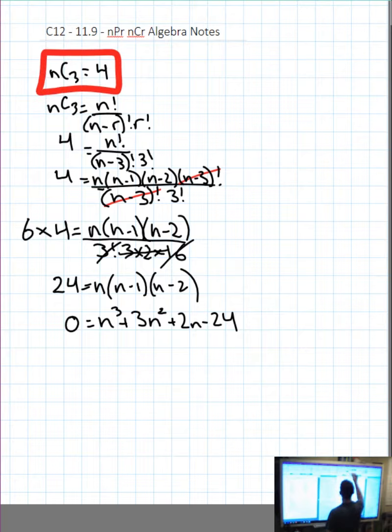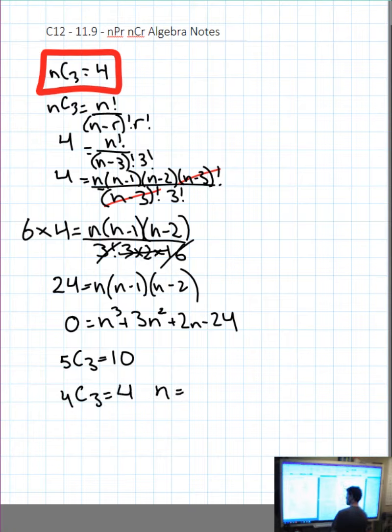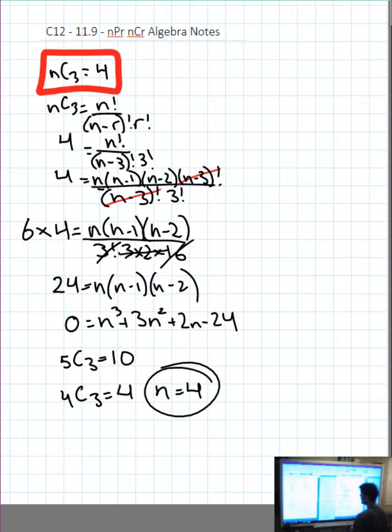NC3 is equal to 4, so try 4C3, try 5C3, etc. Turns out that 5C3 equals 10, and 4C3 equals 4, therefore n equals 4. Very valid, just doing a guess and check method. Further off to the right is an example where it's impossible to do, and you actually have to only do guess and check. Very valid method. NPR Algebra.